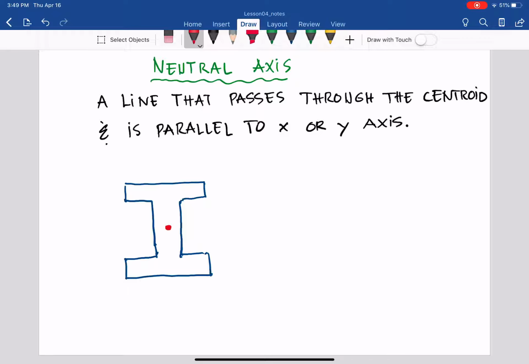The neutral axis is defined by the line that passes through the centroid and is parallel to x or y. For example, this is parallel to x, so you have a neutral axis. And then similarly, we also have another neutral axis here. It is also parallel to the y axis, so that is the neutral axis you have.